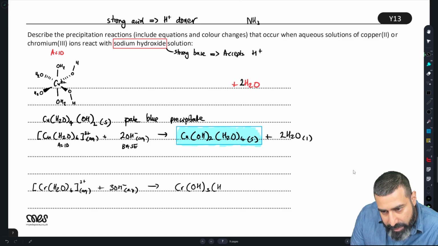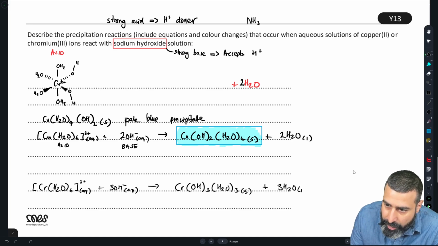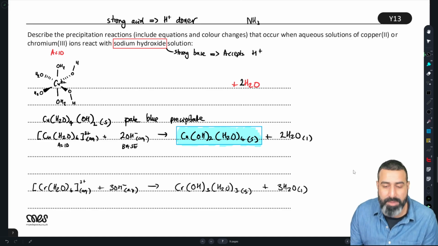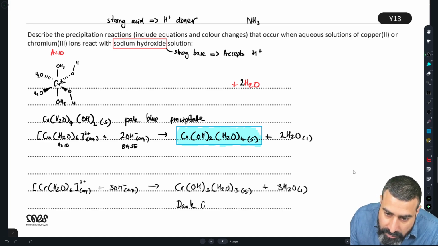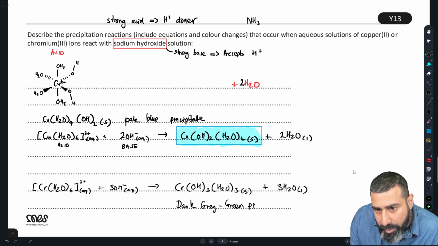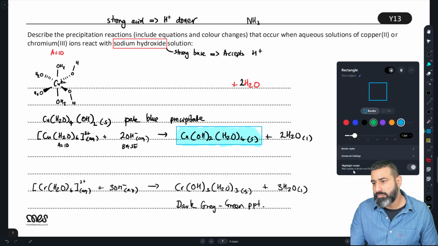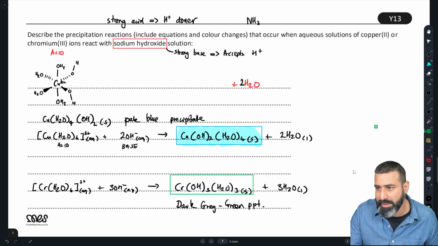Chromium hydroxide, Cr(OH)3(H2O)3, solid, plus 3 H2O, liquid. And this is a dark grey-green precipitate. So dark grey to green precipitate. PPT for precipitate. I'll just put green, but the color is subjective. It's hard to really tell.